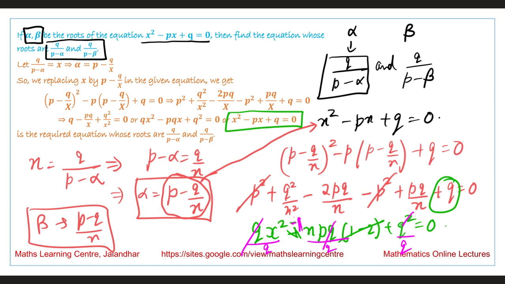So the answer we are left with is x square minus p times x plus q is equal to 0. This is the final answer we obtain. So the transformation we have done over here is that x is replaced with p minus q by x.